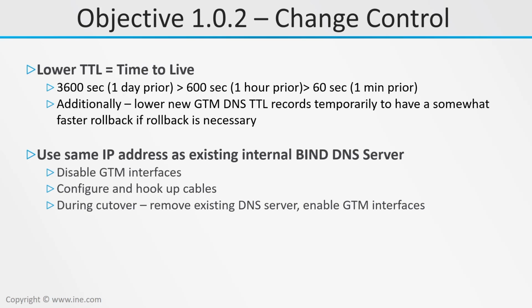So one of the appropriate things you can do when you have the DNS box is to disable all of the interfaces and then hook up the cables to your switch, and then during cutover you would remove the existing DNS server from the network.